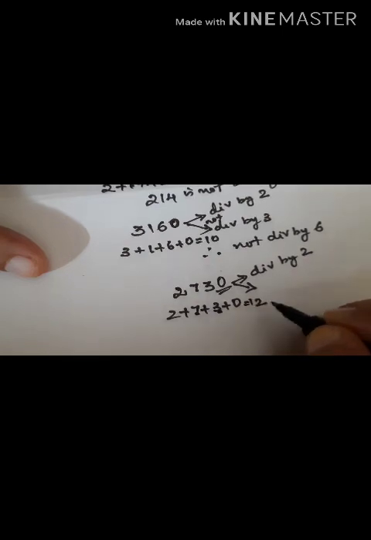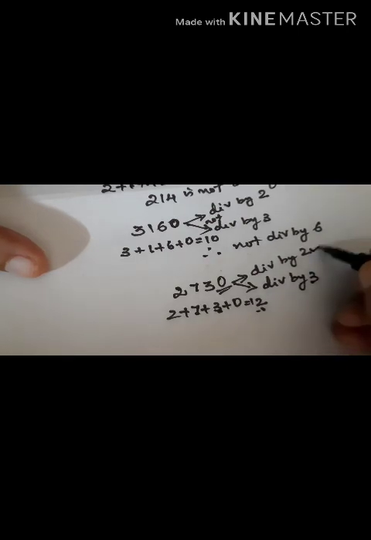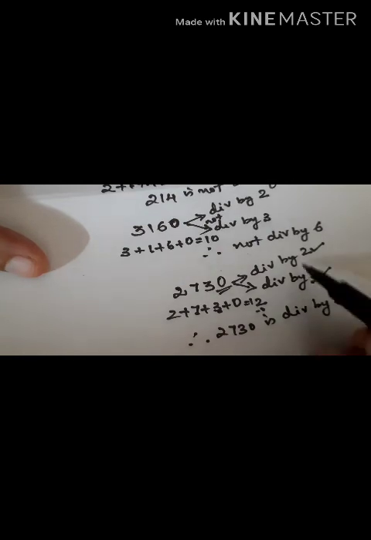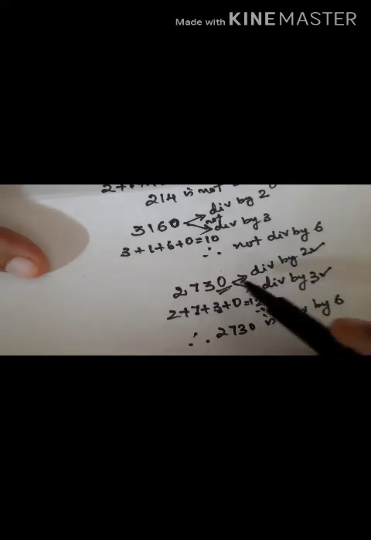So it's 12. 12 is a multiple of 3, isn't it? So it is divisible by 3. Both are divisible, by 2 and by 3. Therefore 2730 is divisible by 6. If any of this is not divisible, then it is not divisible by 6. If the given number is divisible by 2 and 3, then you can say that it is divisible by 6.